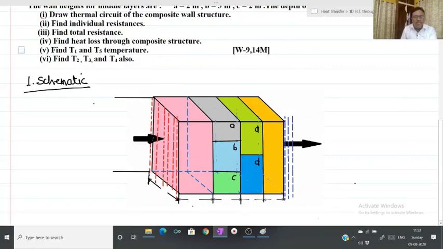Let's say thickness of the first slab is L1, second slab L2, third slab L3, and fourth slab L4 respectively. L1, L2, L3, L4 are nothing but the length of path of flow in the direction of heat flow.